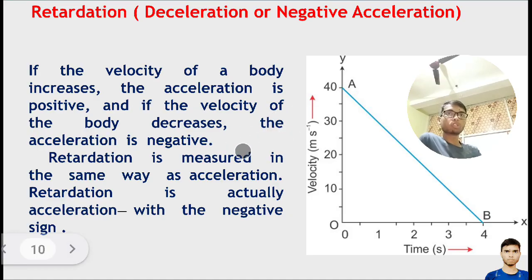And if the velocity of the body decreases, it means initially the speed of the moving object is more, but gradually, slowly, the speed of the moving object became slow. Initially it was more, but at the end it was slow.